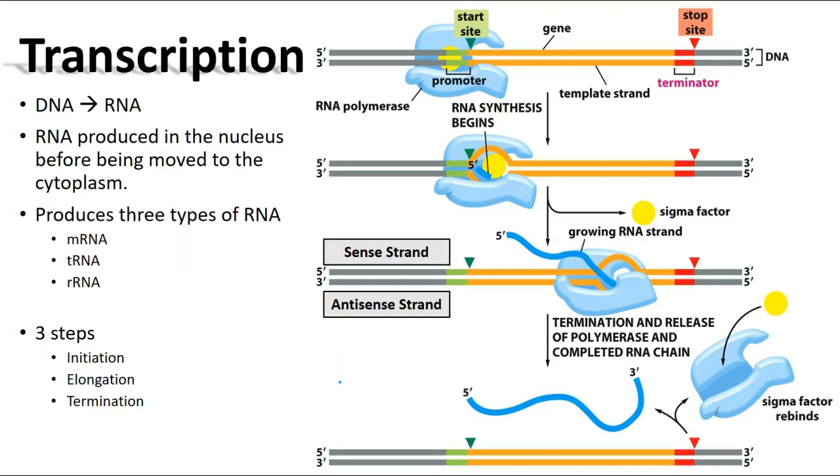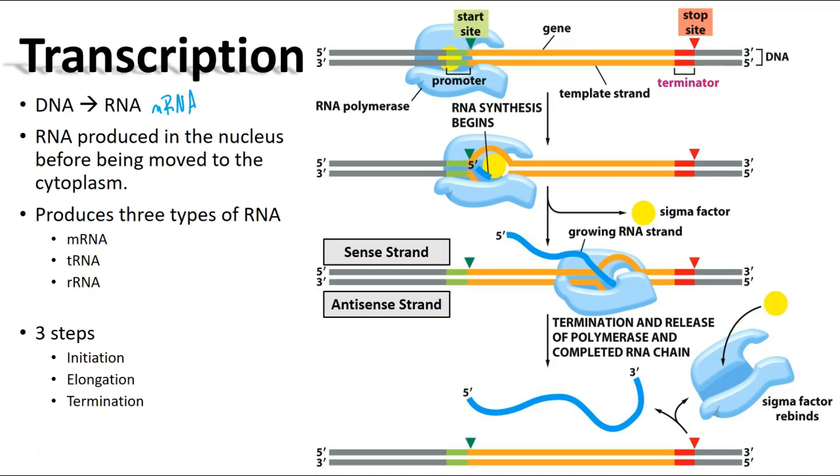Okay, let's talk a little bit more about transcription. Transcription, like we said before, is DNA turning into RNA. DNA is double-stranded, RNA is single-stranded. We are going to specifically turn DNA into a strand of mRNA, messenger RNA being probably the most commonly known type of RNA.